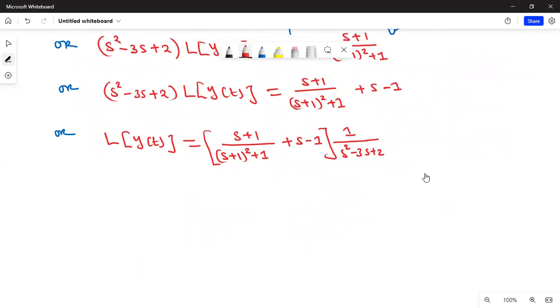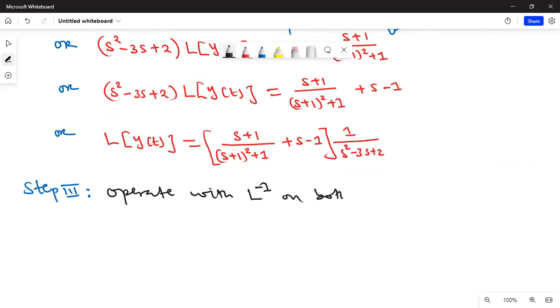And so the next step, call it step 3. In this step now, you operate with L inverse on both sides of this equation.